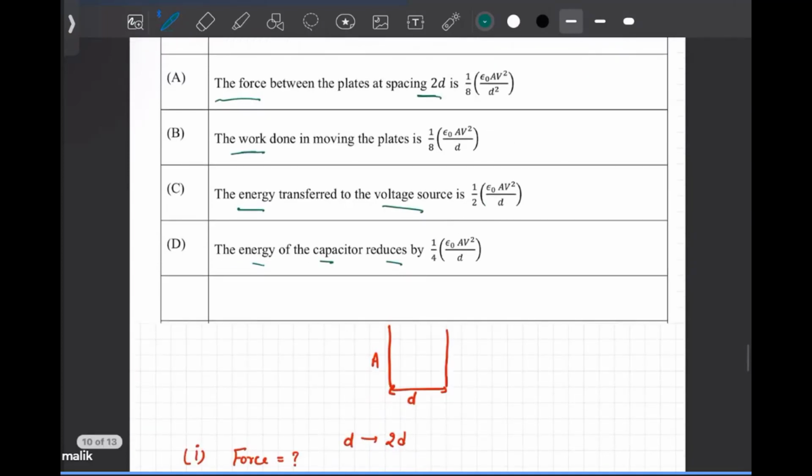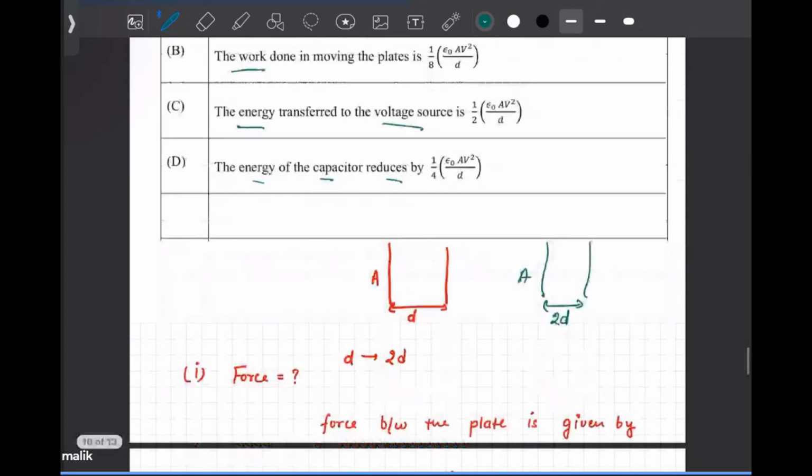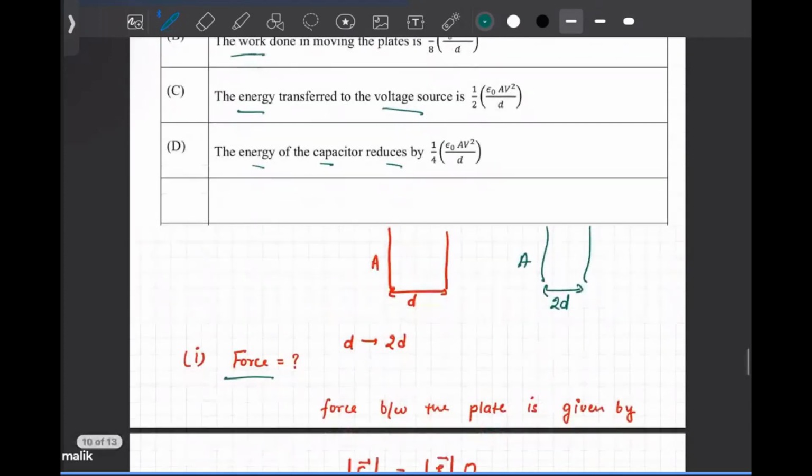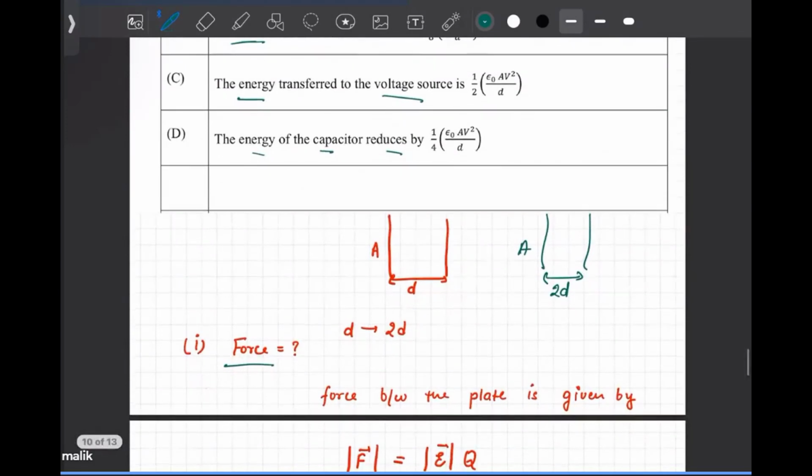Initially the capacitor has a distance d, but the spacing is changed uniformly to 2d and nothing else has changed. So we have to calculate the force between the plates. If you have a plate which carries a charge density sigma, the electric field due to this plate is given by sigma upon 2 epsilon naught.